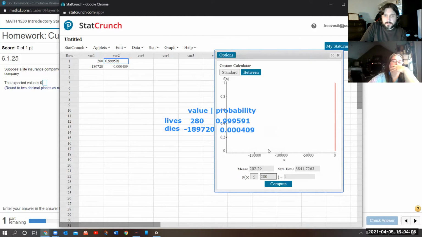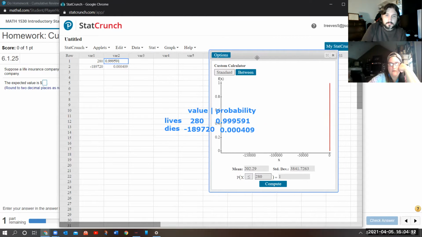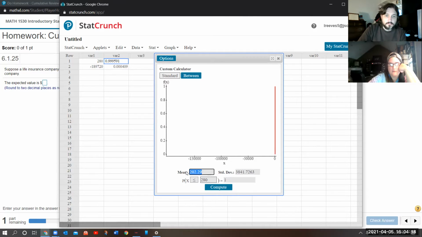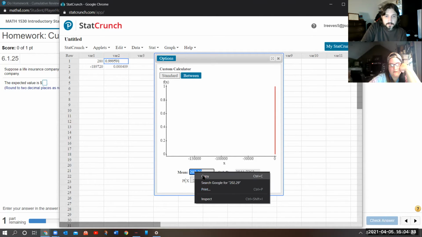And then the expected value is just going to be whatever your mean is. So this would be my answer, but would I change the 2 to 3 and 9 to 0, or just keep it like that? They want it like dollars and cents, so just keep it like that. $202.29.